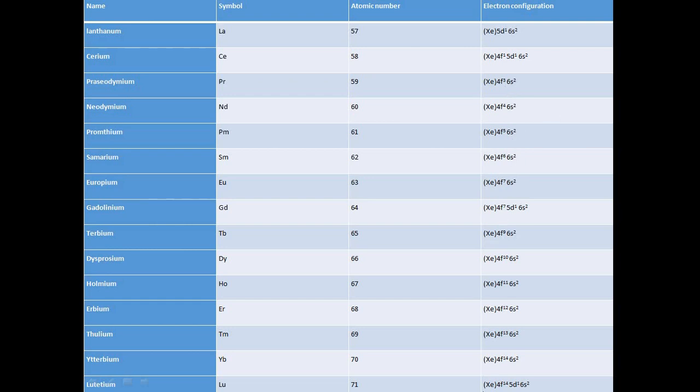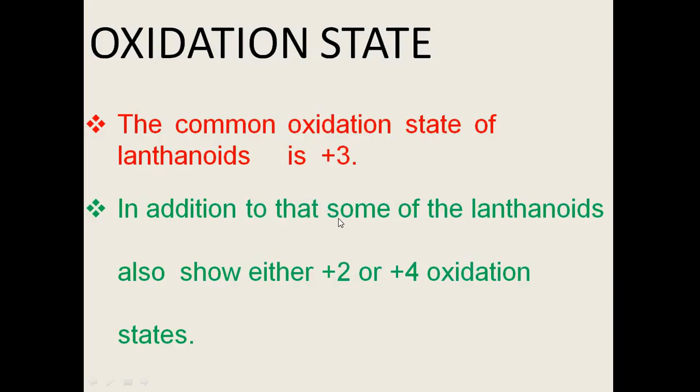Their common oxidation state is +3. In addition to that, some of the lanthanoids also show either +2 or +4 oxidation state.